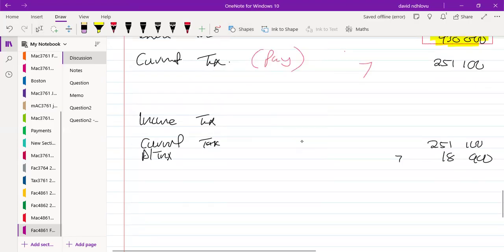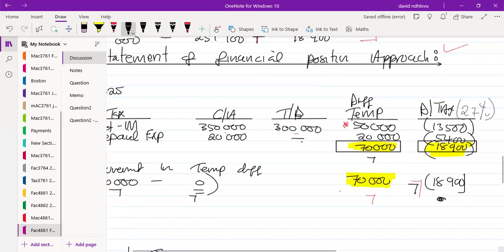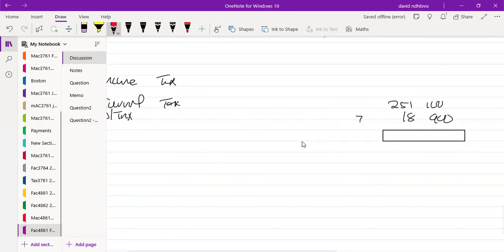Remember, I said sometimes you add, sometimes you subtract. So it is easy when you use this approach. You just check the symbol here. Is it a deferred tax positive amount, which means asset or liability? Here it's a liability. When you take it to the section below, it goes in as a positive. You add. Right, please go ahead.